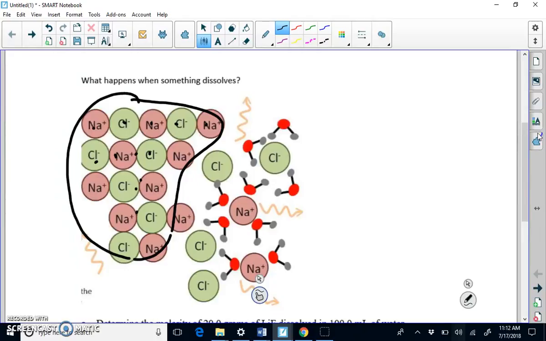Like here, what's happening is the salt is dissolving, and you'll see that the positive sodium is attracted to the negative oxygen in water, and the negative chlorine is attracted to the positive hydrogen. On the final exam, you had to draw an ionic compound. I think it was rubidium fluoride or something like that.